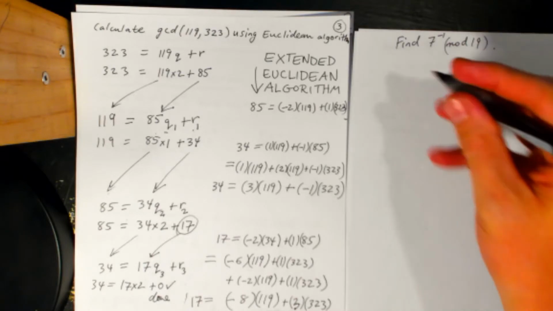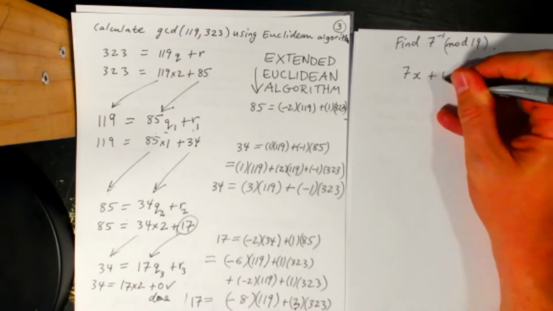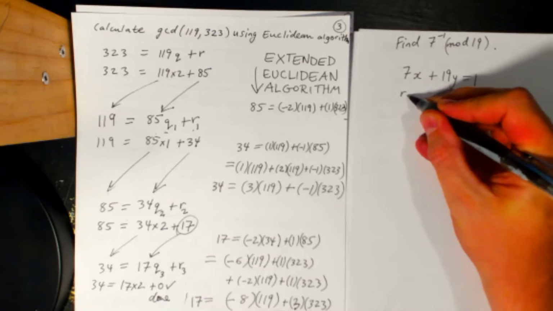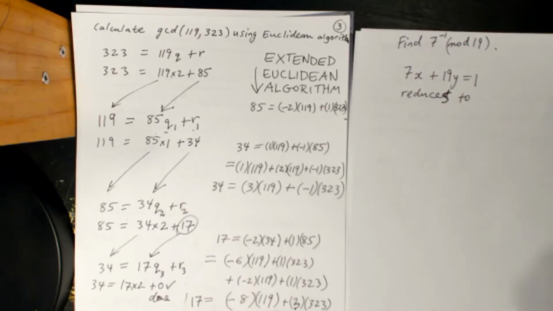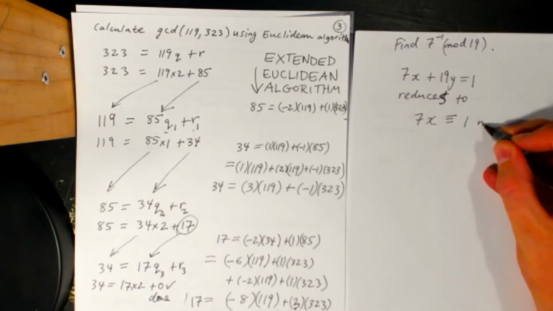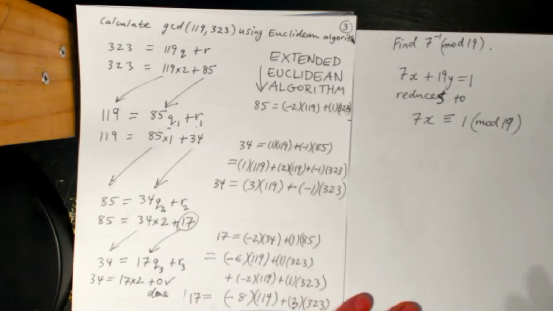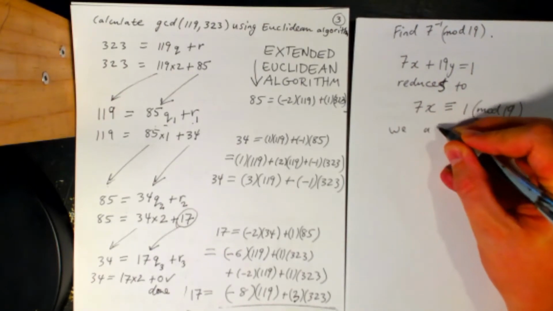To do this, we note that 7x plus 19y equals 1, reducing mod 19, reduces to 7x is congruent to 1 mod 19.